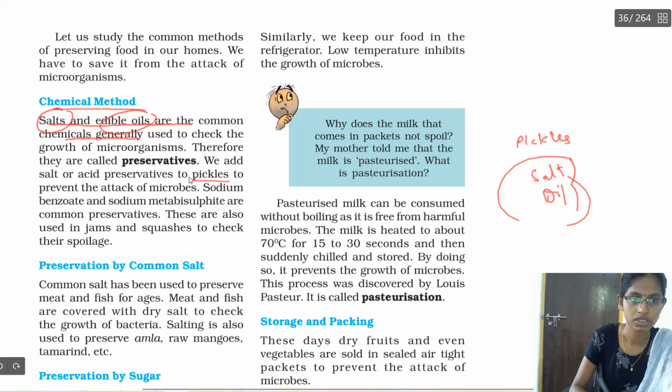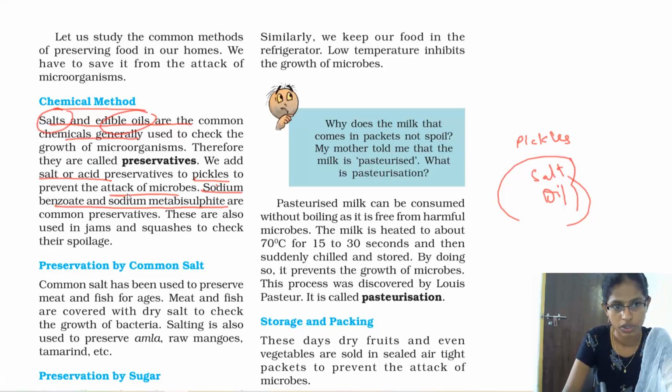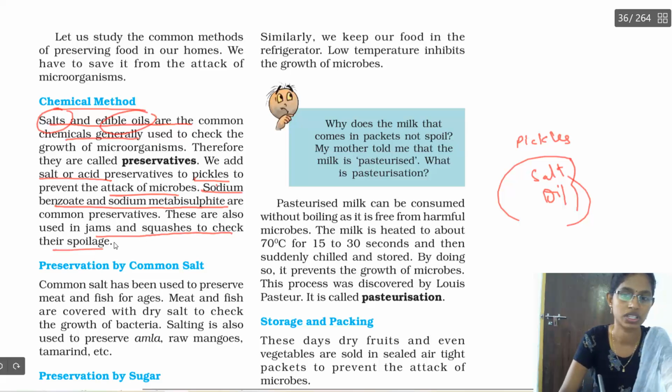To the pickles we add salt and some acid preservatives to prevent the attack of microbes. The chemicals like sodium benzoate and sodium metabisulfite are common preservatives. These are the two chemical preservatives which are used in jams and squashes to check their spoilage, okay?